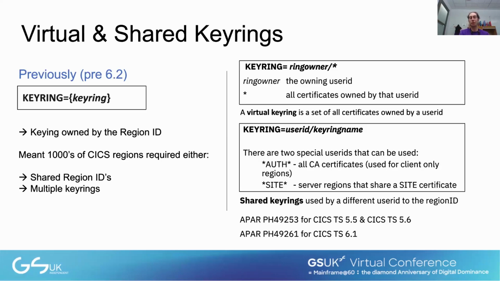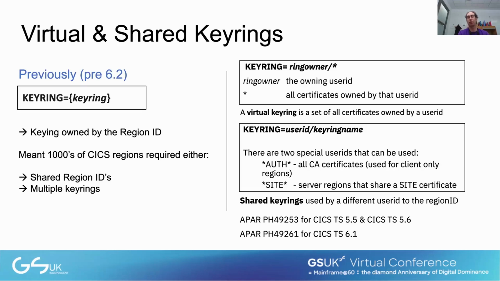It's not great having multiple keyrings that are virtually the same as each other, but there are equally good reasons for not having a shared CICS region user ID. So it can be difficult in those environments to adequately manage things.